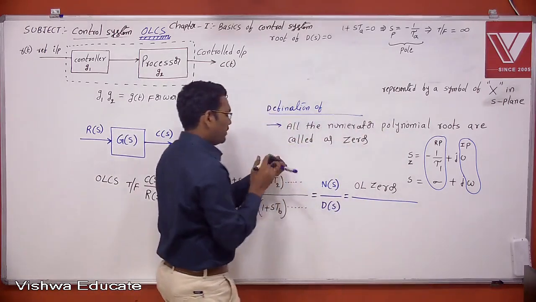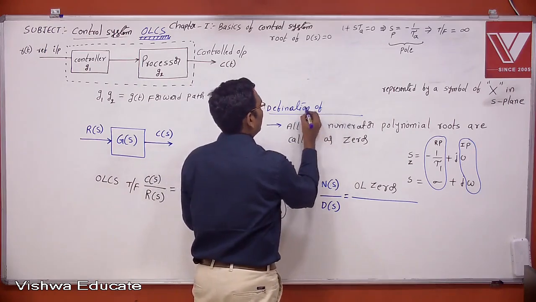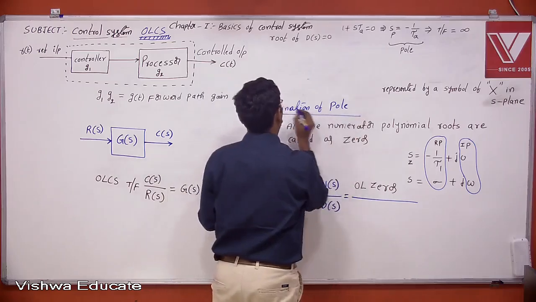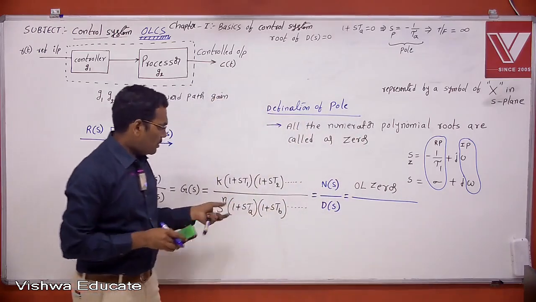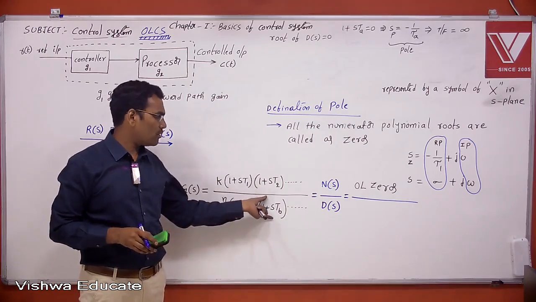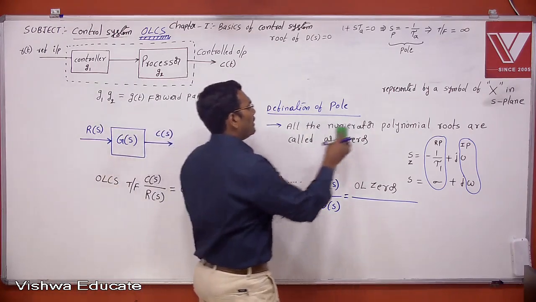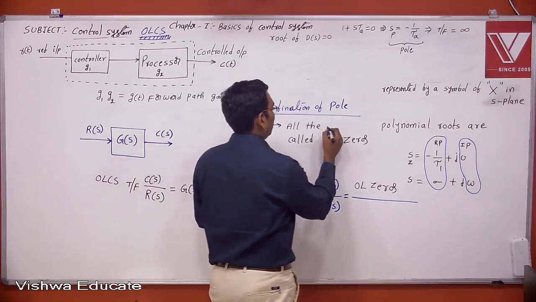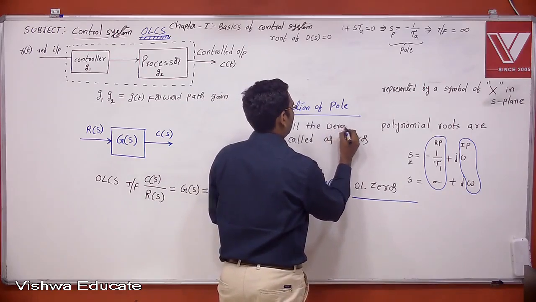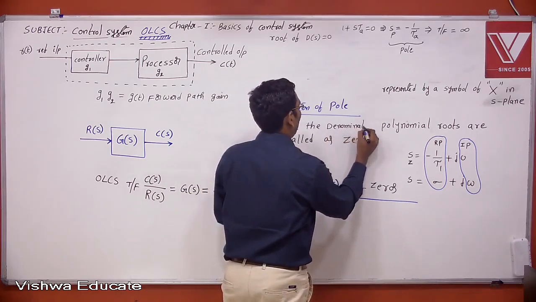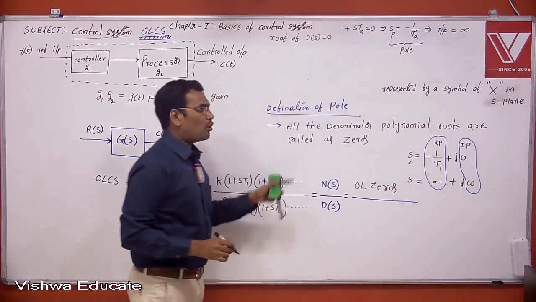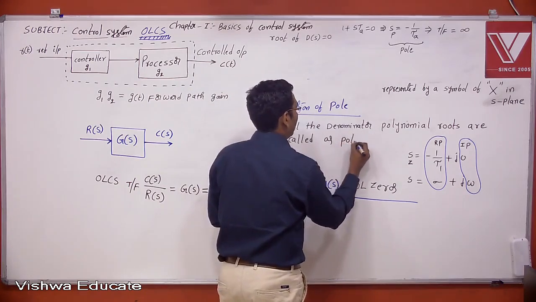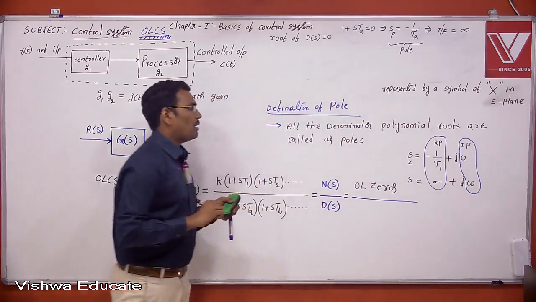This root is called a pole, and this root is also called a pole, which means all the denominator polynomial roots are called poles.